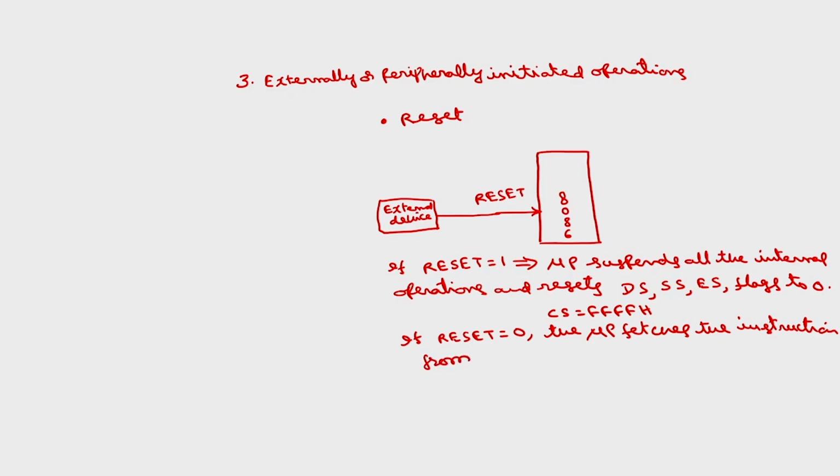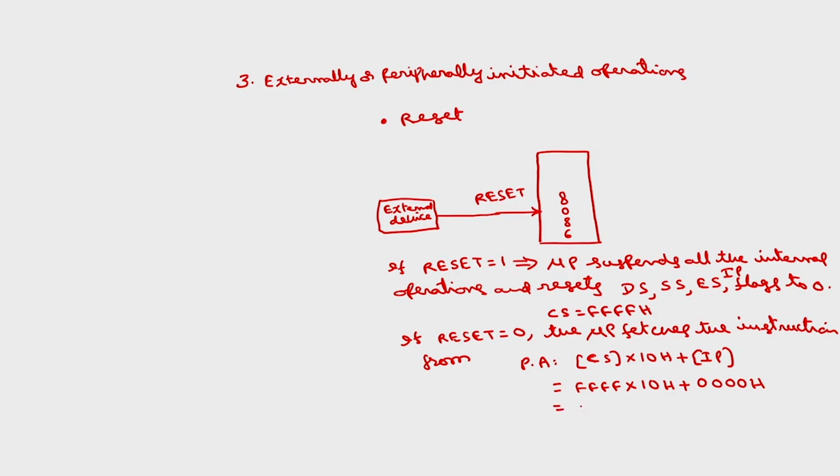We know that the physical address of any location is given by code segment contents into 10H plus instruction pointer. This we have discussed in the earlier class. Now when the reset is 1, the contents of the code segment are FFFF into 10H, and the instruction pointer is also set to 0000H.